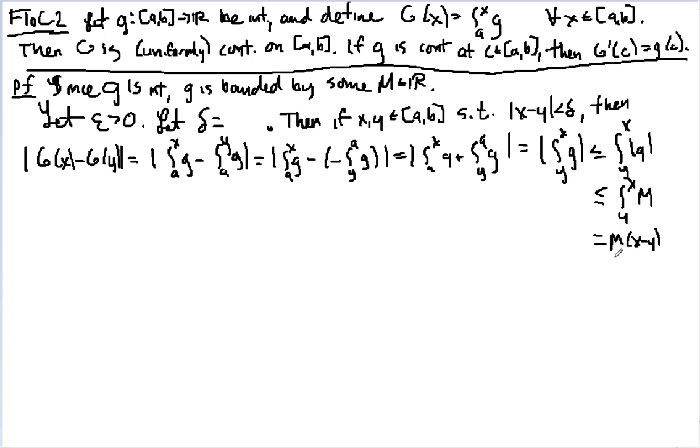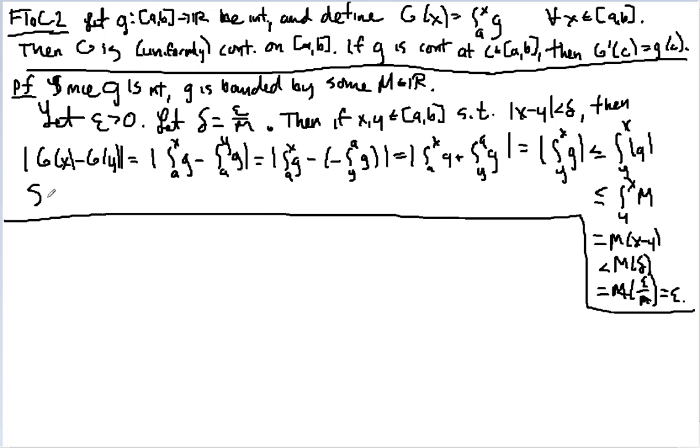So that's going to be less than M times delta. And if I cleverly pick delta equal to epsilon over M, then I get M times epsilon over M, which equals epsilon. So G, big G, is uniformly continuous on [a, b].